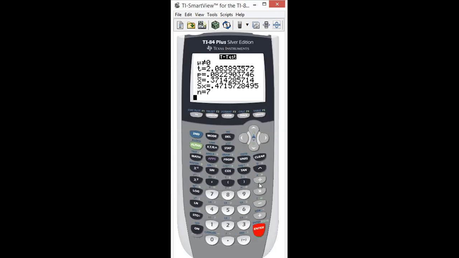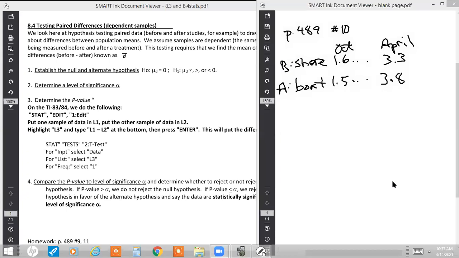So P is 0.08. Under our null hypothesis, the mean of the differences equals 0.